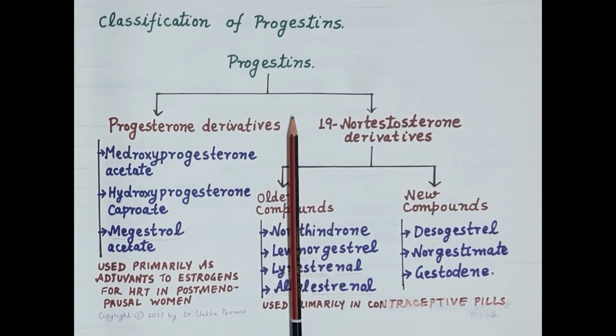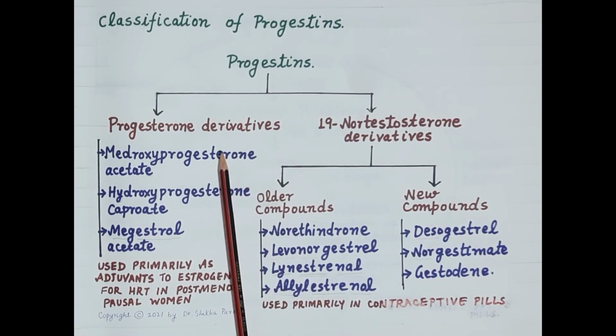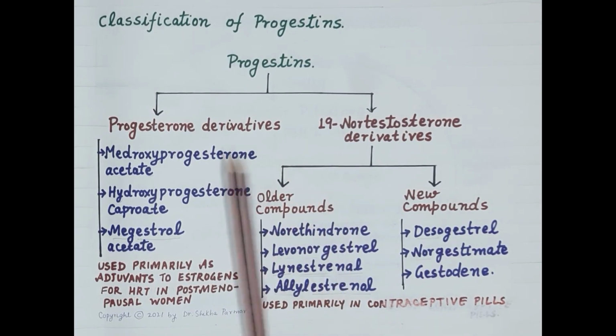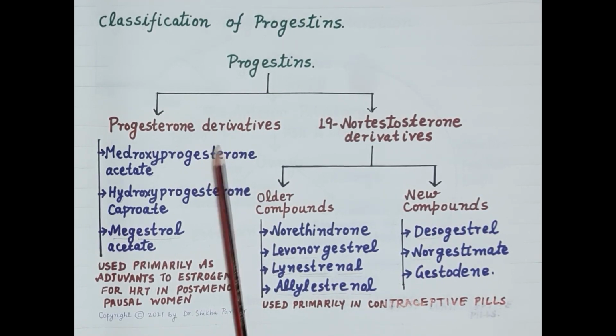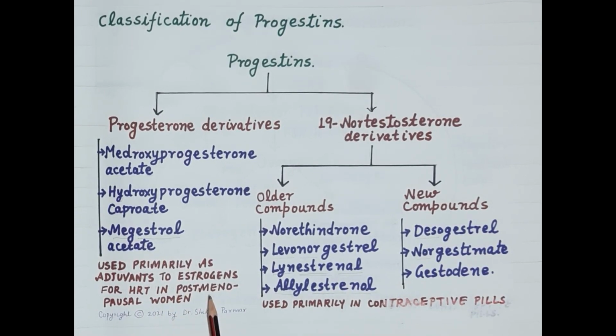Now, let's see the classification of progestins. Progestins are classified as progesterone derivatives and 19-nortestosterone derivatives. Progesterone derivatives are pure progestins. They exhibit weak anti-ovulatory action, and they are used primarily as adjuvant to estrogens in hormone replacement therapy in post-menopausal women.